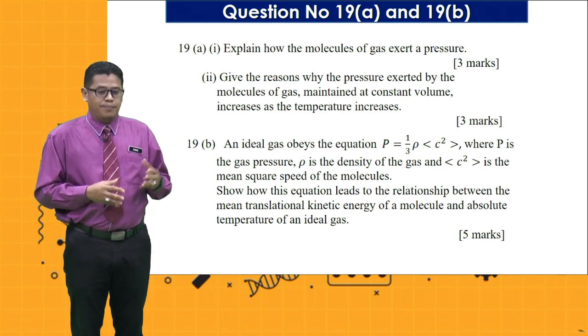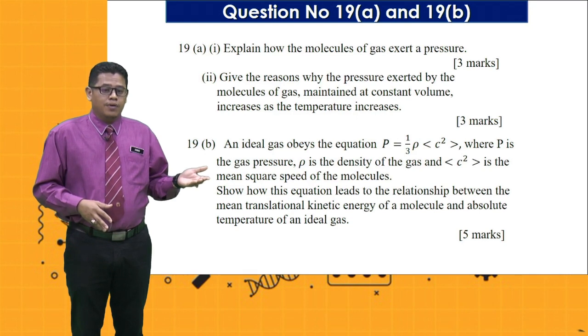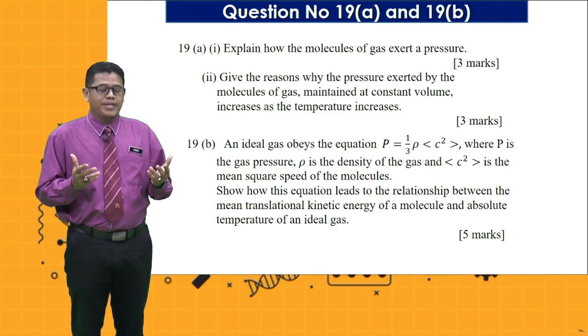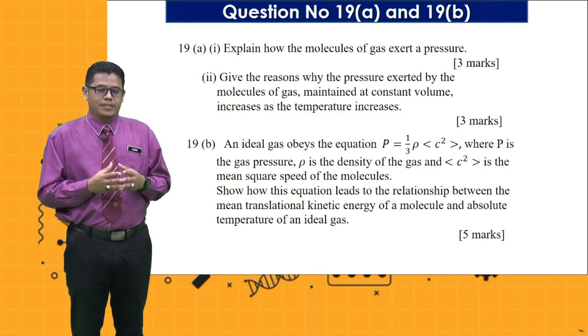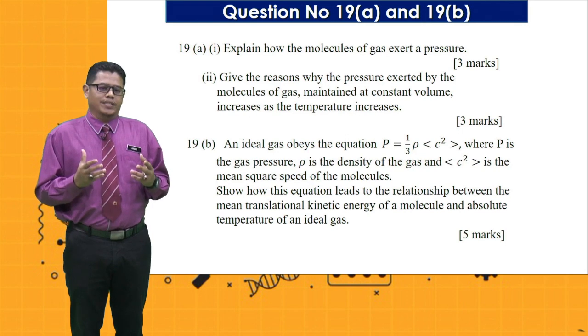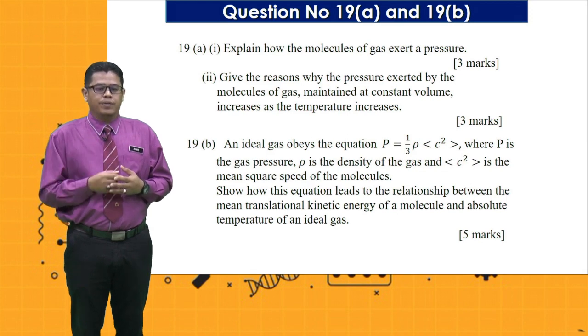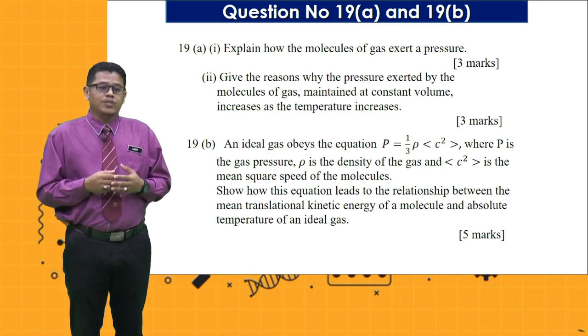19B: an ideal gas obeys the equation P equals one third rho mean c squared, where P is gas pressure, rho is the density of gas, and mean c squared is the mean square speed of the molecules of gas. Show that this equation leads to the relationship between the mean translational kinetic energy of a molecule and the absolute temperature of an ideal gas.